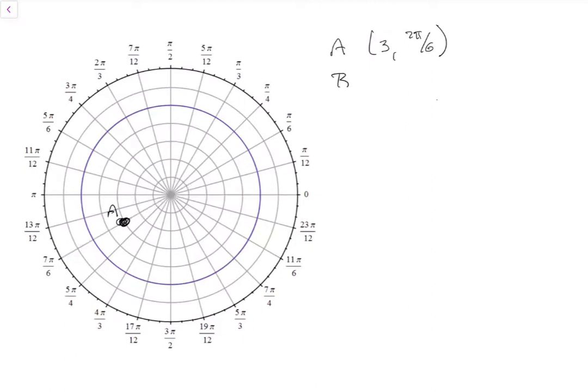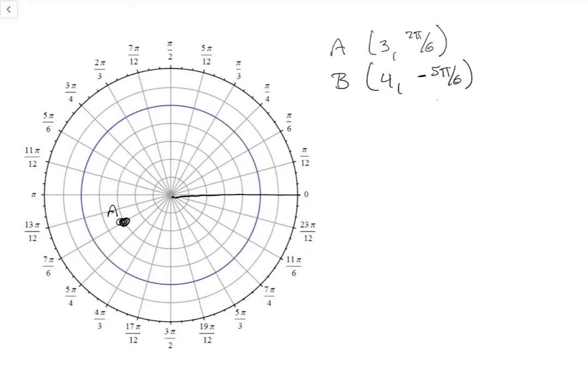So let's say B, (4, -5π/6). All right, now my graphing paper, if I go from my polar axis, my graphing paper doesn't have negative angle measure. So I'm going to count backwards. So remember, π/6 is 30 degrees, right?